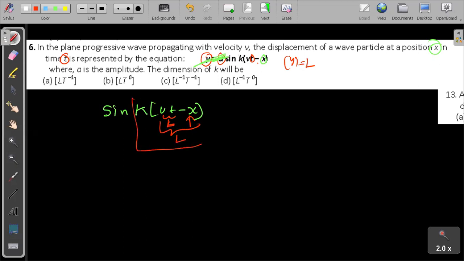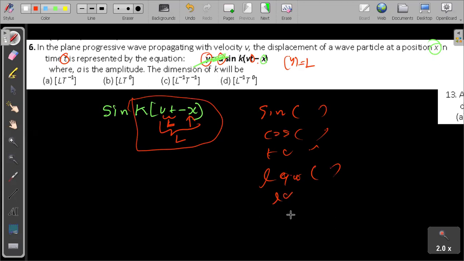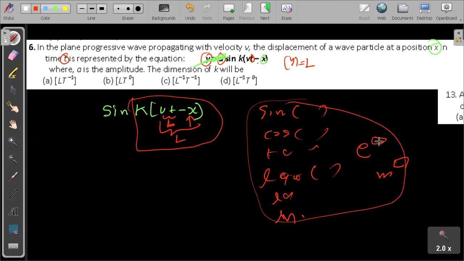So in terms of sine, whatever is inside the sine, whatever cos, whatever tan, whatever log to base something, whatever lg, whatever ln, or e to the power something, whenever you find this type of constants, the result is dimensionally one.